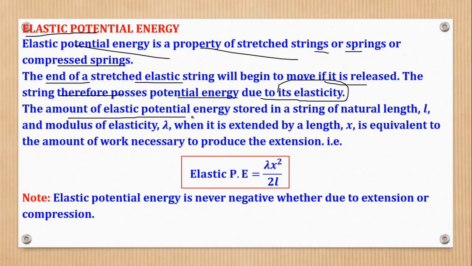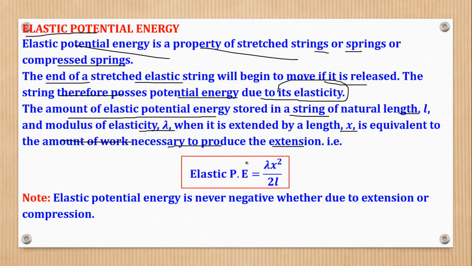The amount of elastic potential energy stored in a string of natural length L and modulus of elasticity lambda, when it is extended by an extension x, is equivalent to the amount of work necessary to produce the extension. This formula can be derived, but the derivation is in physics.